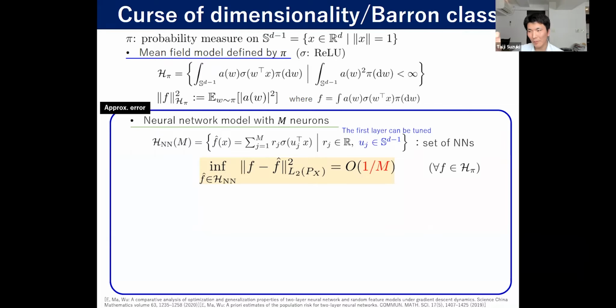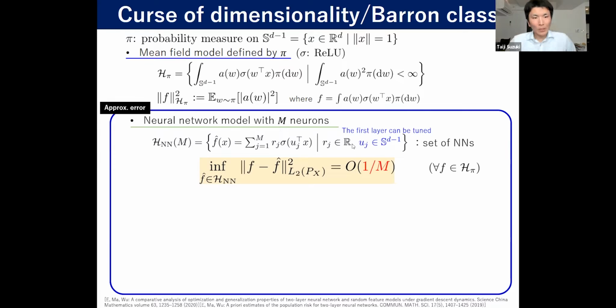Suppose that there are many neurons and we take its average, so it is called the mean field regime. But if you consider another scaling, like we take the summation of the outputs of the neurons and multiply it by 1/square root m, where m is the width, then it is not called a mean field regime. In that sense, this can be seen as a mean field model. Okay, so is it okay?